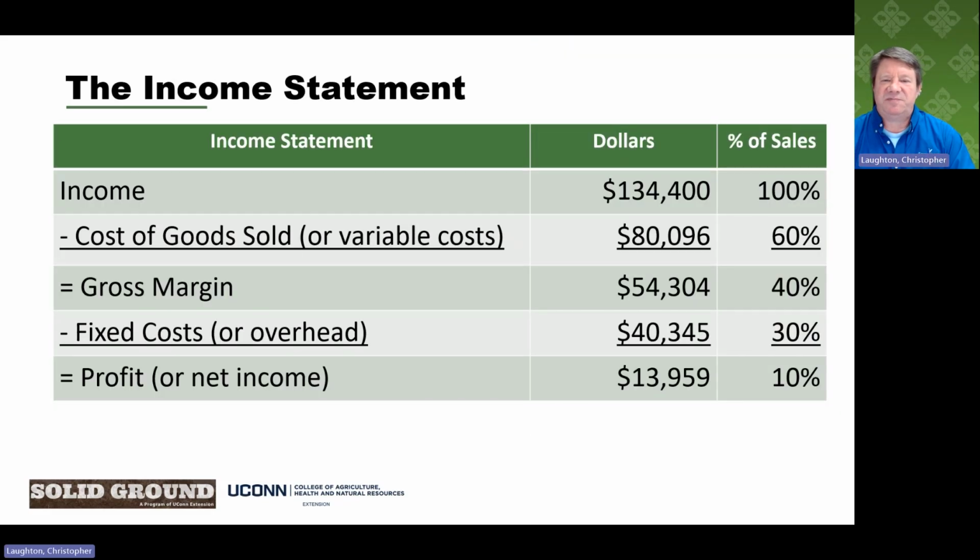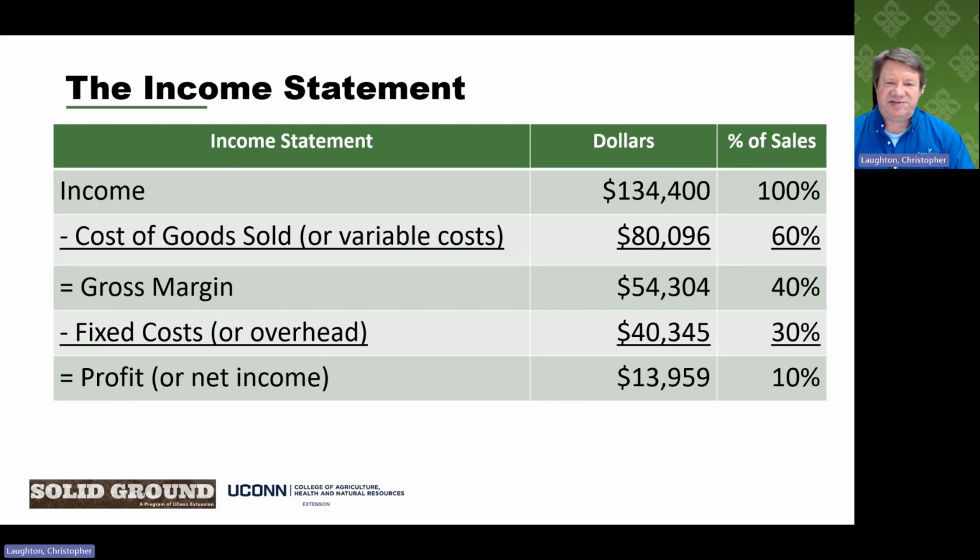So let's look at a very simplified income statement. We call this a 5-line income statement. So here we have income, we have COGS, cost of goods sold. We have the income minus the COGS equals gross margin. And gross margin is the money that is left after your operating expenses.